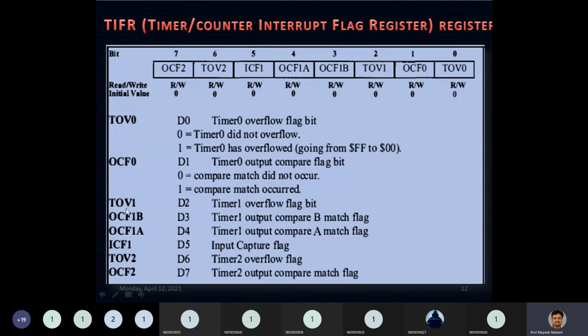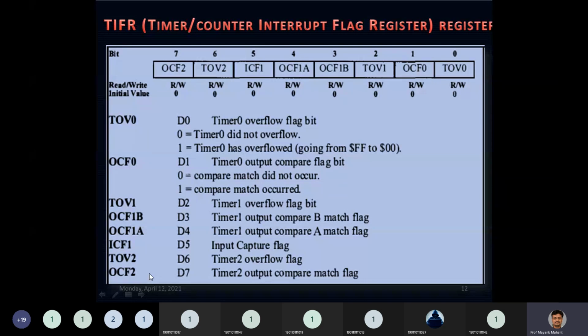In the same way we have the TOV1 flag, and we have two OCF flags because timer 1 is a 16-bit timer. Then we have an ICF flag, the input capture flag, which we will also discuss later along with compare match. Then we have TOV2 and OCF2.